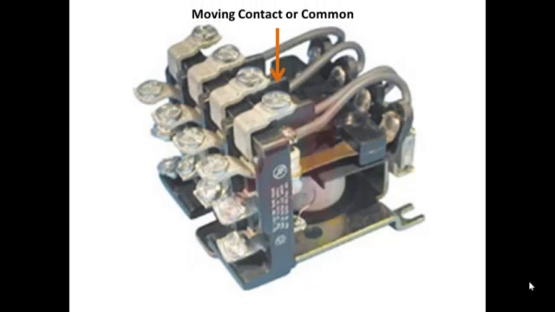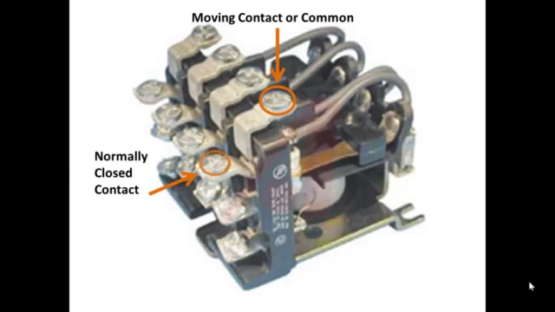And then we've got a moving contactor common, and if you look closely you can see that from the screw terminal you go a little to the left, down, and then back to the right to a black conductor that goes all the way over the other side, and then it rotates back and then into that copper blade you see there. And you can see the upper and lower stationary contacts, and you can see the screw terminals that they connect to, the normally closed and the normally open.